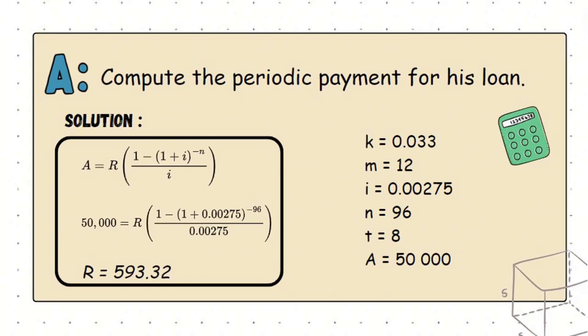So the R value is 593 ringgit and 32 cents.